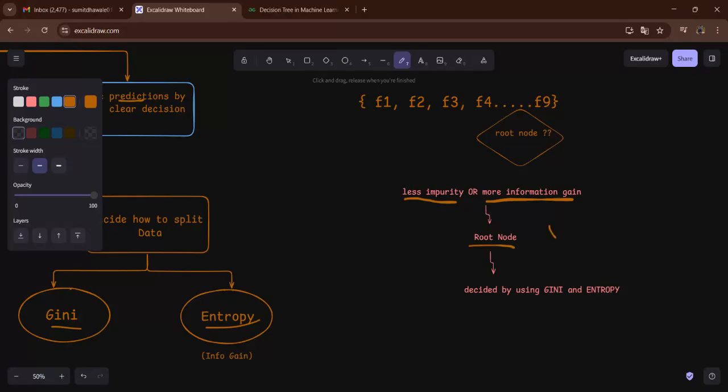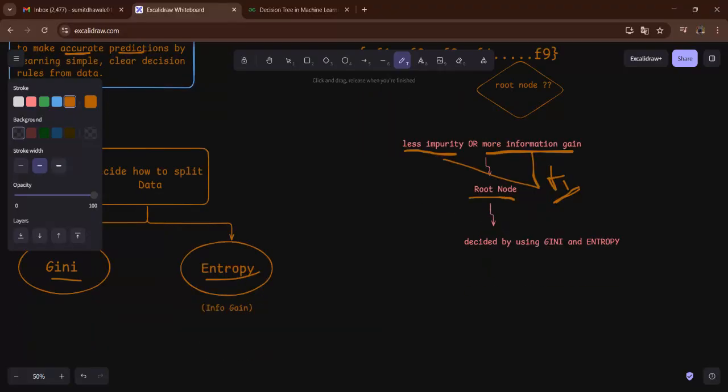If f1 has both these properties, less impurity and more information gain, then it can be the root node. It can be totally decided by the Gini and the entropy.